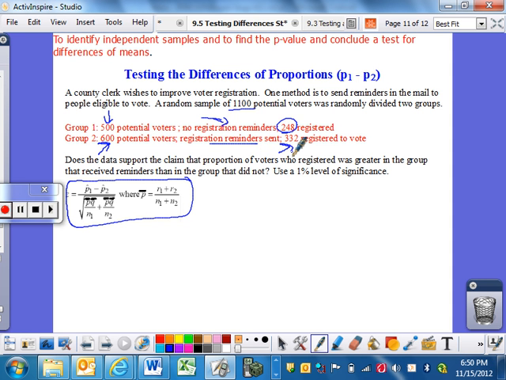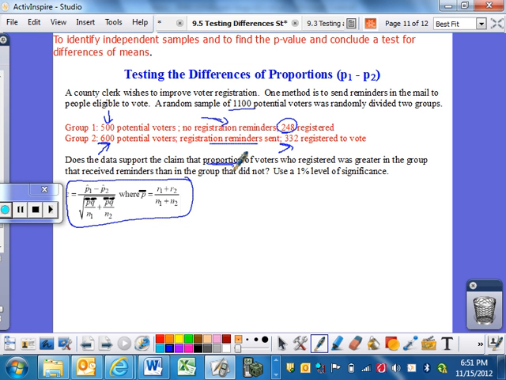And it says, does the data support the claim the proportion, there's your hint, of voters who registered was greater in the group that received reminders than the group that did not? So they think, they just said that the group that sent reminders, they think proportionally they will vote more.